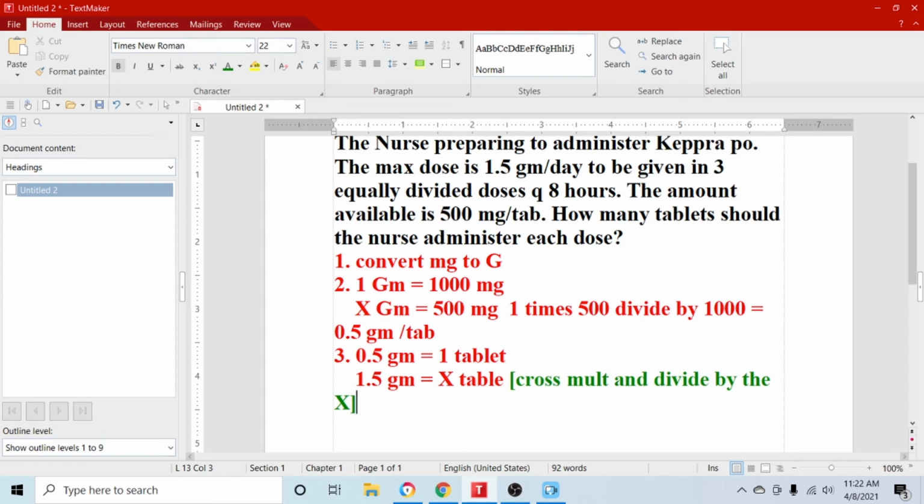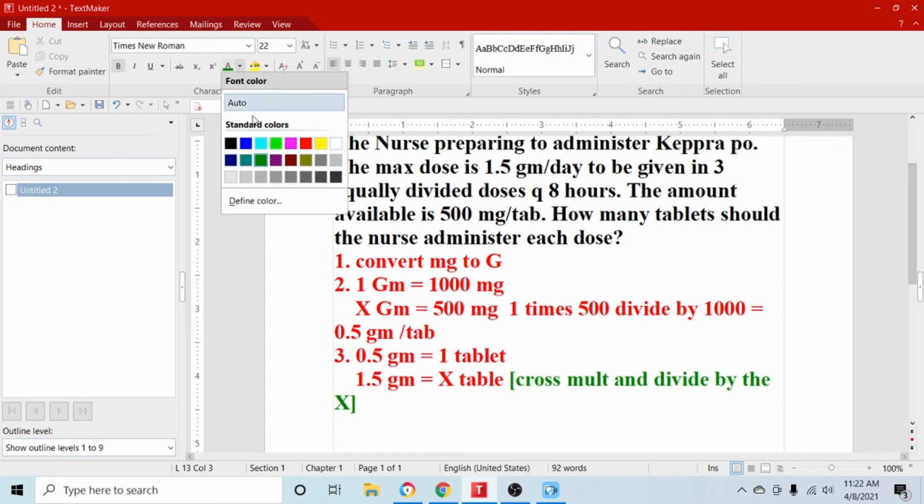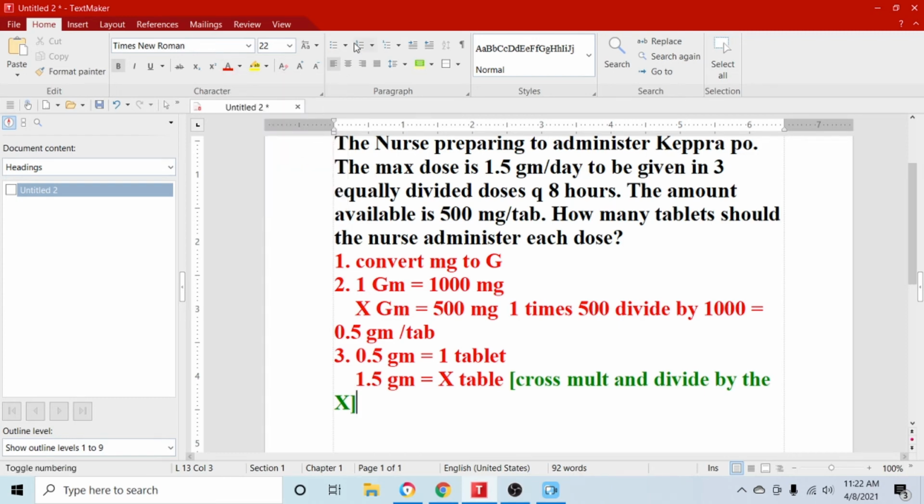Meaning, x equals 1.5 times 1 divided by 0.5 equals, let us do the math, equals 3 tablets.